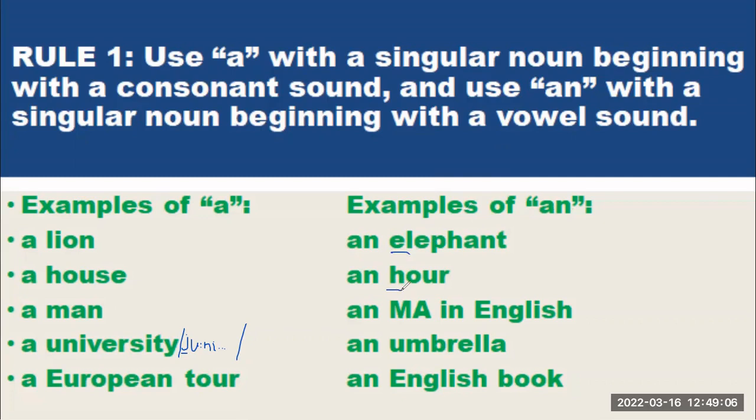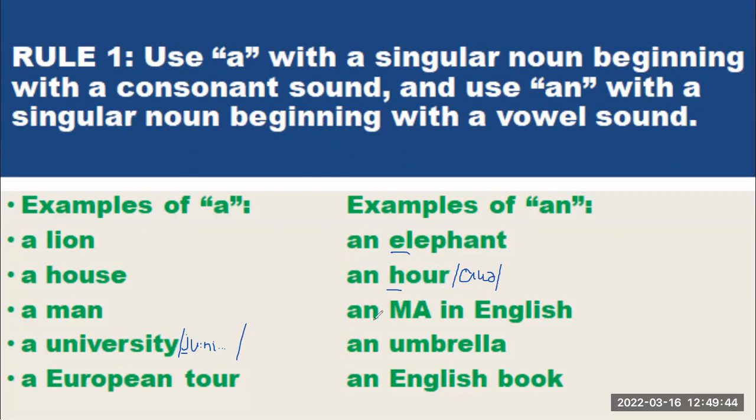Again, you see that even though you have a consonant letter H, in actual fact, this word begins with a vowel sound. An hour. This is the transcription. So H is silent here. An hour. All right.